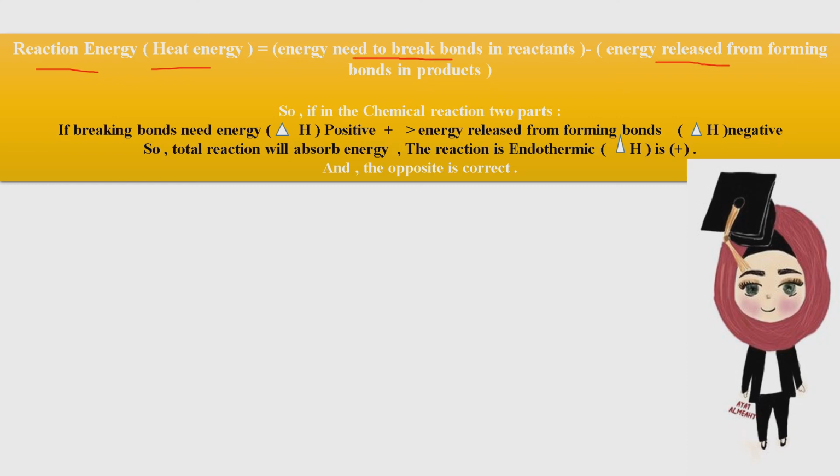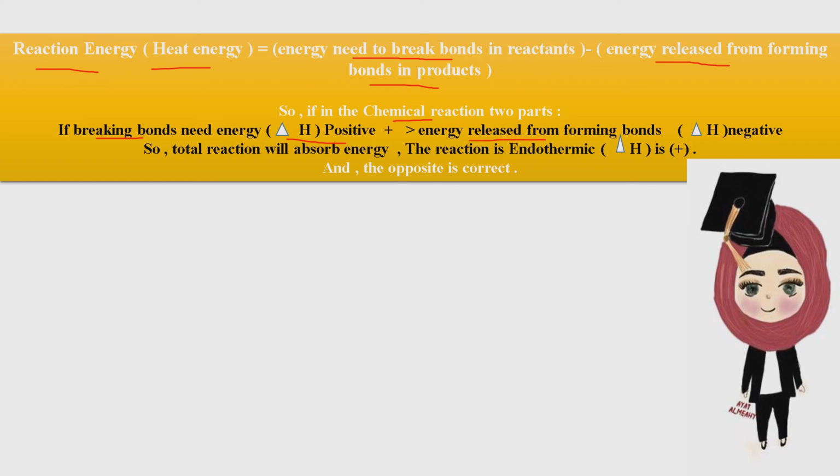So a chemical reaction contains two main parts. The first part is breaking bonds in the reactants, delta H is positive. The second part is energy released from forming bonds in products, delta H is negative.